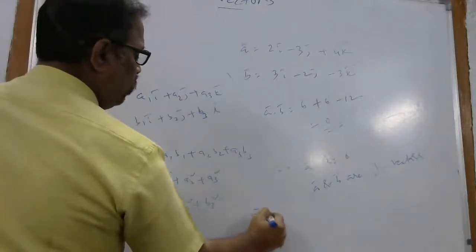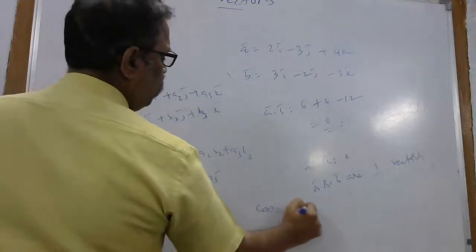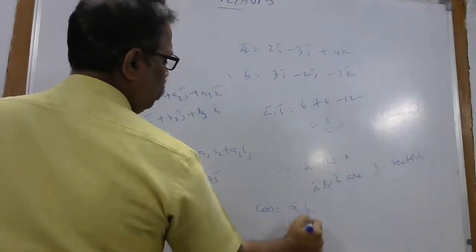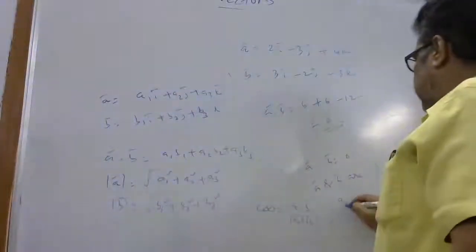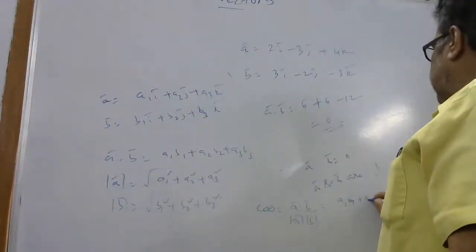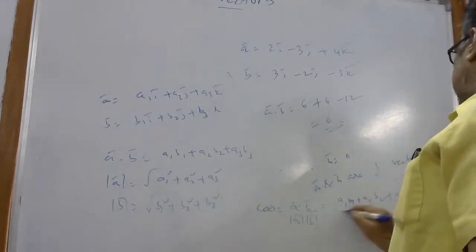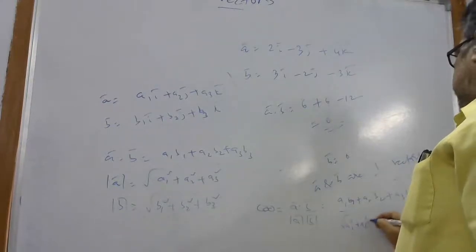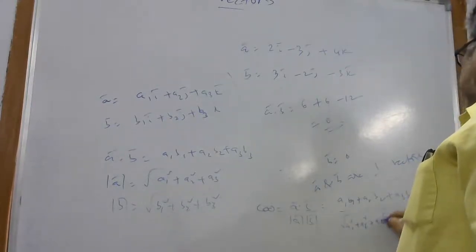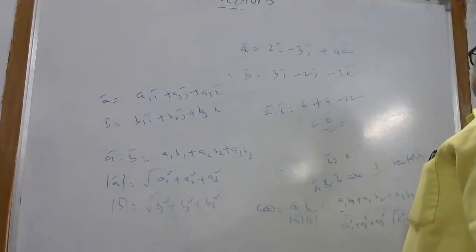Now A bar dot B bar, cos theta is equal to, what is the formula, tell me? A bar dot B bar by mod A bar mod B bar. So cos theta is equal to A1 B1 plus A2 B2 plus A3 B3 by root over A1 square plus A2 square plus A3 square into root over B1 square plus B2 square plus B3 square.